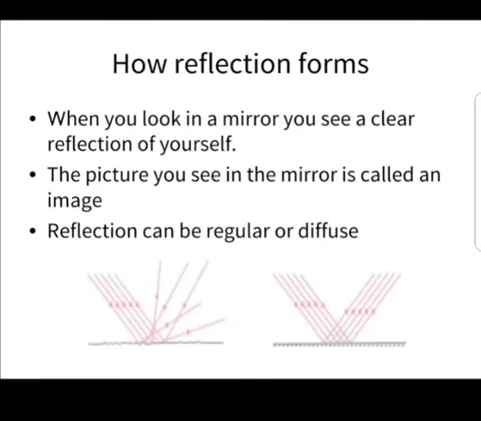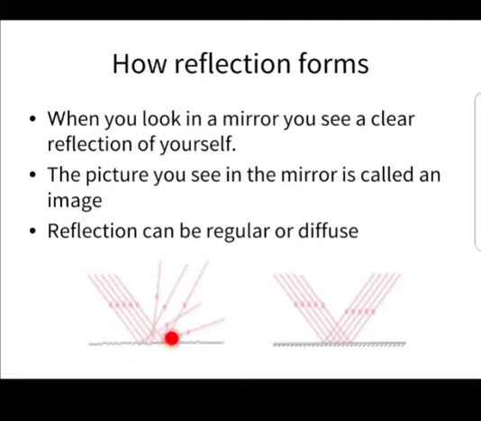How reflection forms. When you look in a mirror, you see a clear reflection of yourself. The picture that you see in the mirror is called an image. The reflection can be regular or a diffuse reflection. A regular reflection is when the rays of light strike a mirror and are reflected in a regular form.